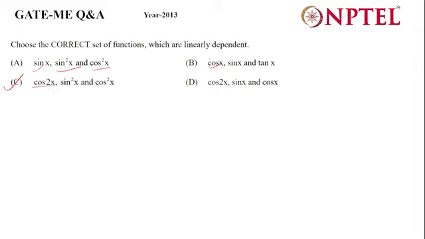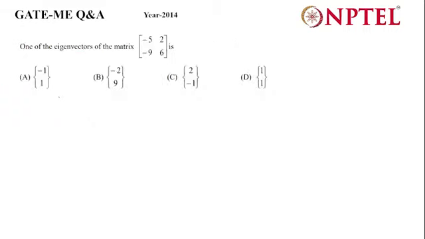In this option, cos 2x can be written as cos square x minus sin square x, so this is again a dependent function. Only this option has all dependent functions, so this is the correct option.